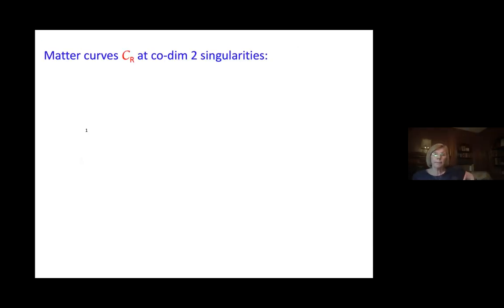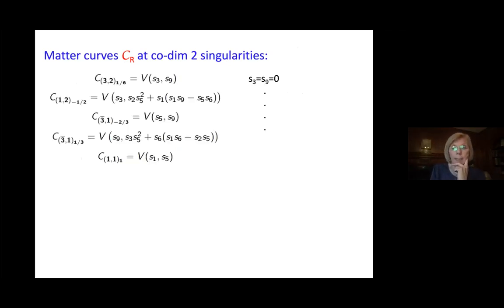The next step is to identify all the matter curves in the theory. Those are in the base, and they will correspond to codimension 2 singularities, intersections of different gauge divisors, and they are associated with the corresponding representations.